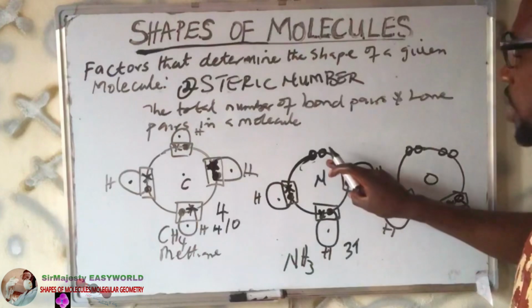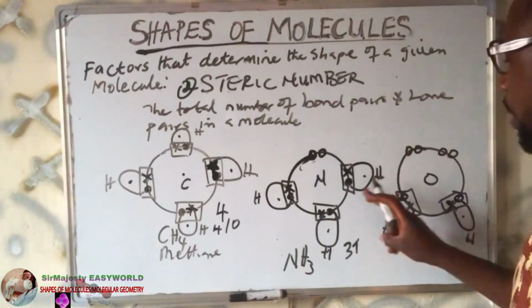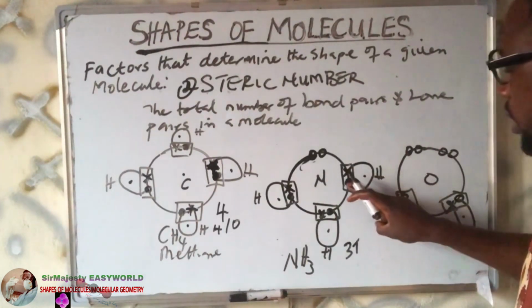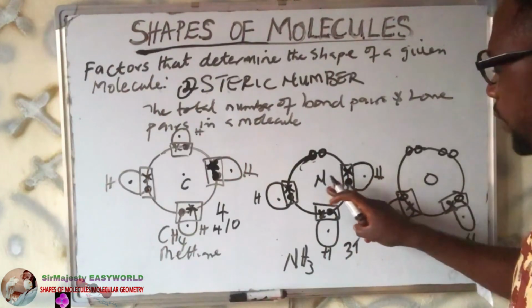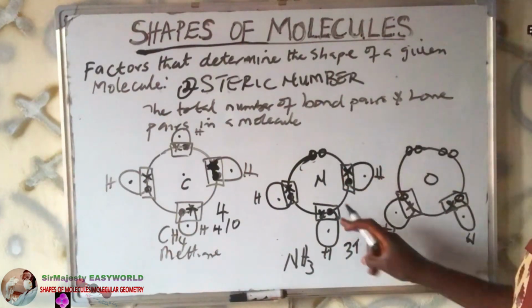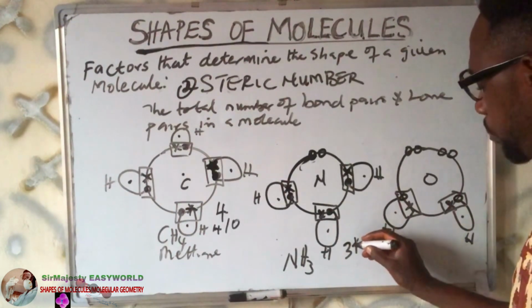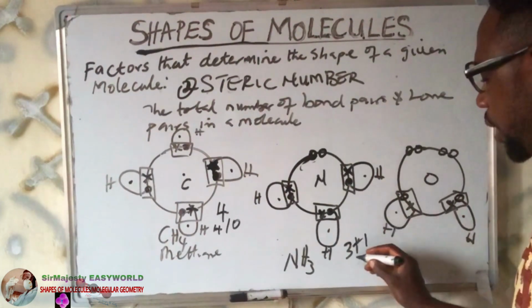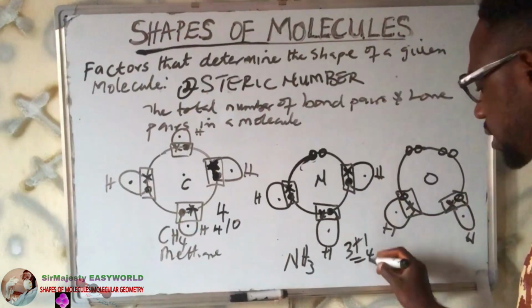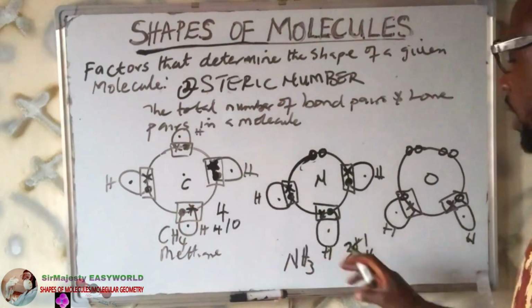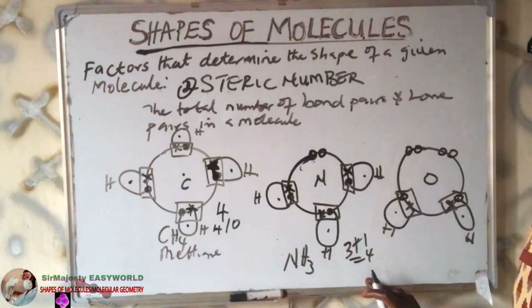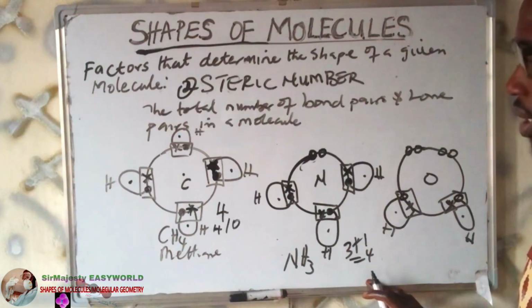It only belongs to nitrogen. But this one here is a bond pair because 1 electron came from nitrogen and the other came from hydrogen, and they bonded together. So this one has 3 bond pairs plus 1 lone pair, which gives us 4 as the steric number. So methane and ammonia have the same steric number, but the constituents are not the same.